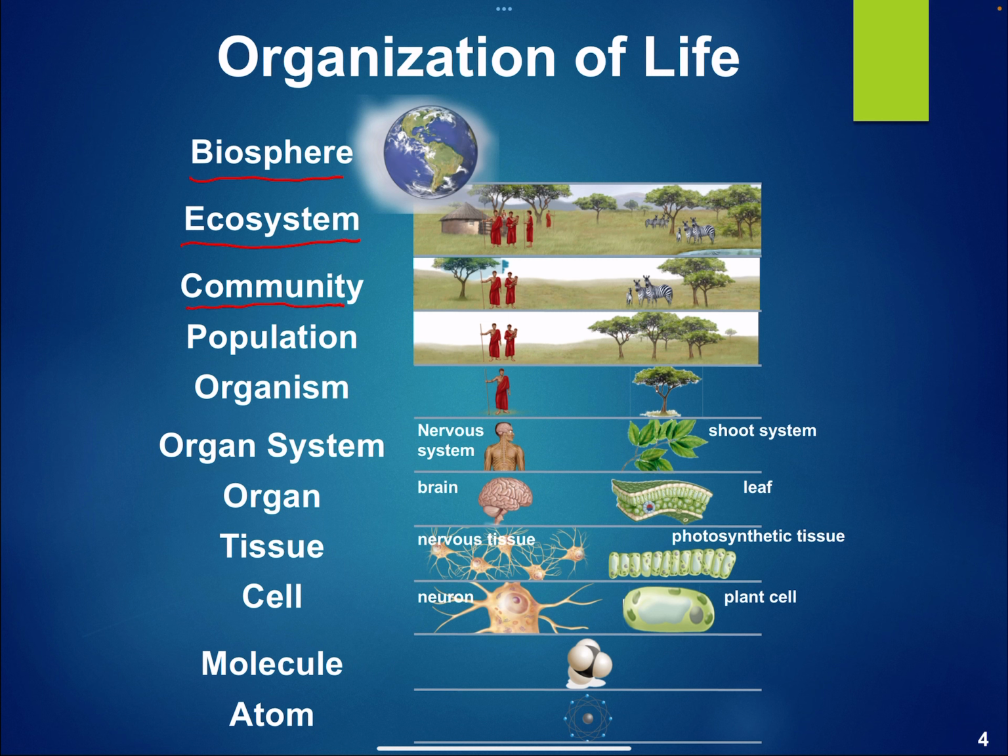Communities, for instance, on this picture right here, you have a tree, you have grass, you have humans. These are different types of organisms, different species living in the same environment. Now we are going to call this a community, right?